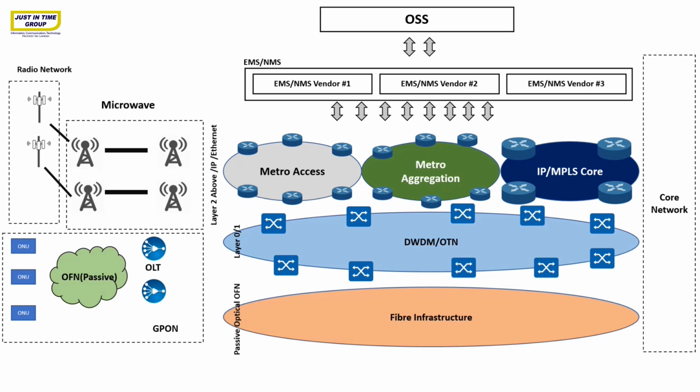Then, over those metro access, metro aggregation, and IP MPLS layers, let's say there is IP Ethernet infrastructure. Below that, there could be a DWDM and OTN layer to carry those client signals.